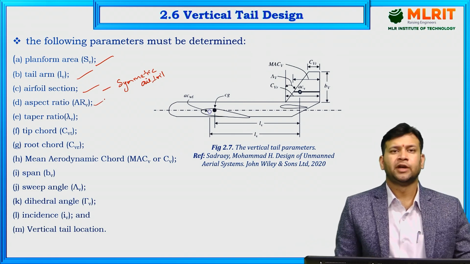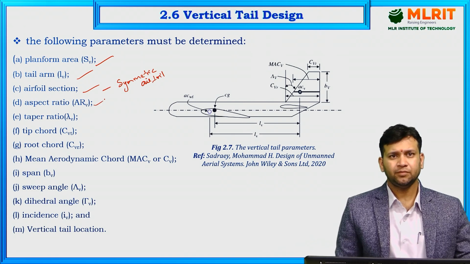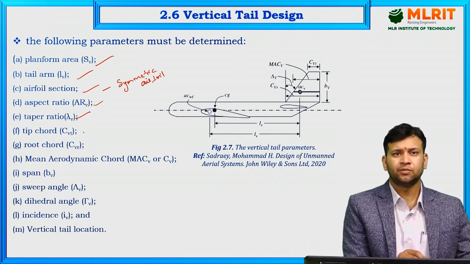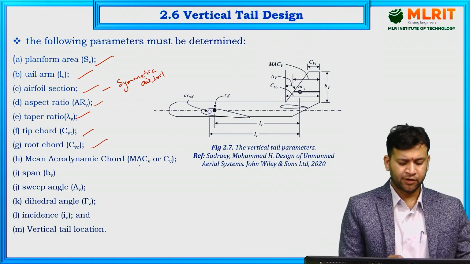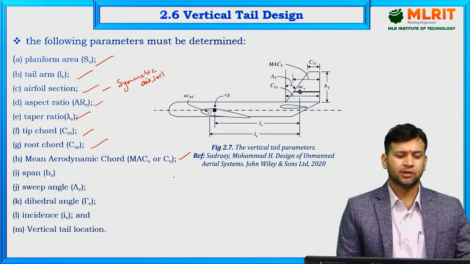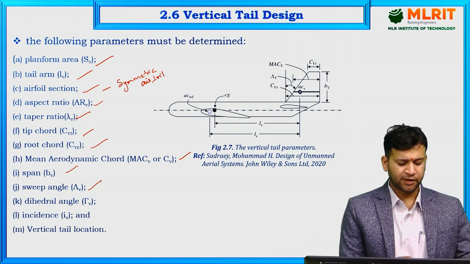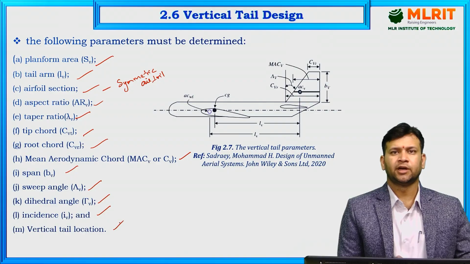Then we have aspect ratio, taper ratio, tip chord, root chord, mean aerodynamic center, span, sweep angle, dihedral angle, incidence, and vertical tail location.